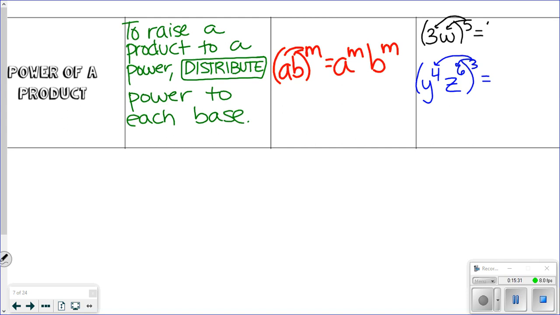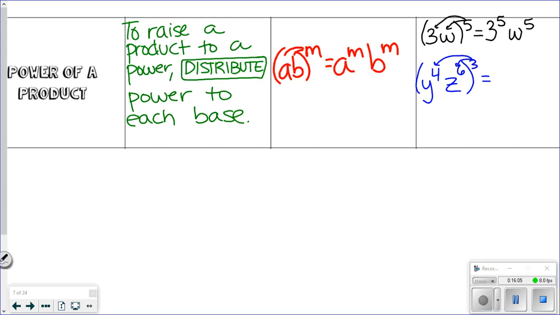So this is 3 to the 5th power, w to the 5th power. Now on your calculator, type in 3 to the 5th power. 3 to the 5th power is 243. So we could write 243 w to the 5th power. Or you could just leave your answer as 3 to the 5th, w to the 5th.